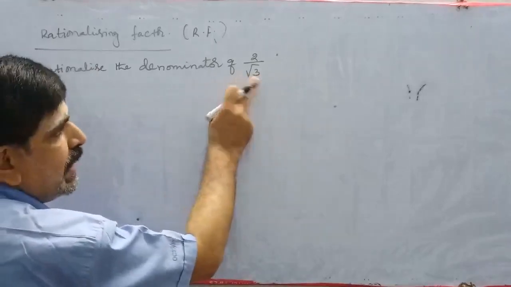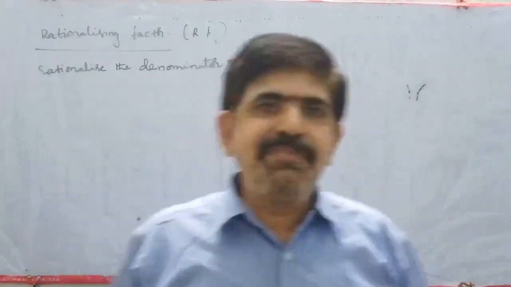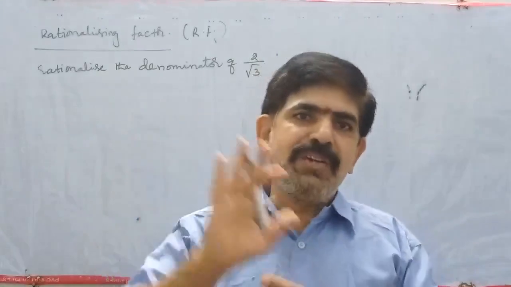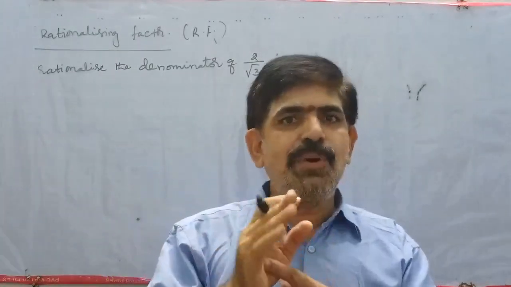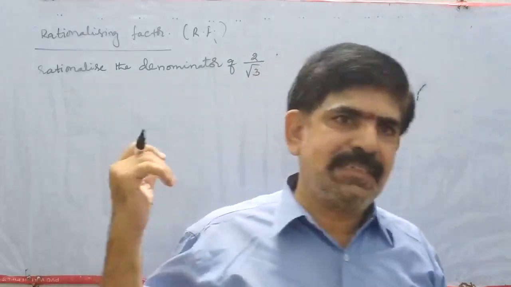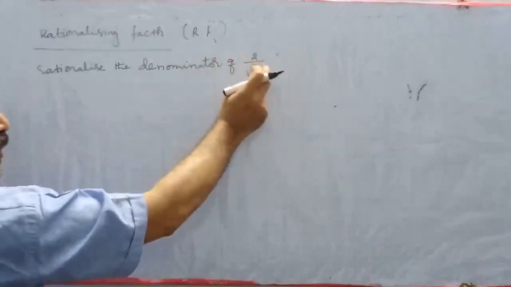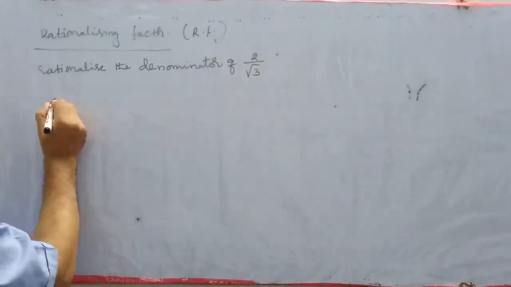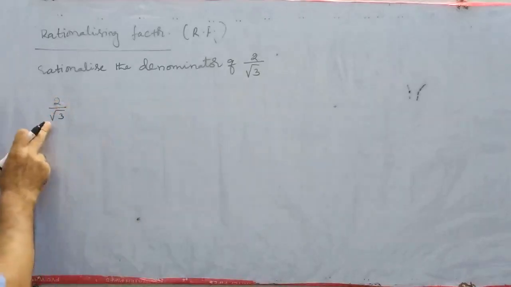The root is in the denominator, so we have to rationalize the denominator. If the root is in the denominator, we rationalize the denominator. If the root is in the numerator, rationalize the numerator. If the root is in both numerator and denominator, rationalize the denominator. Those are the conditions. Here the root is in the denominator.